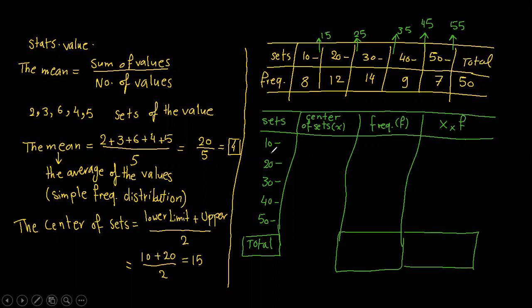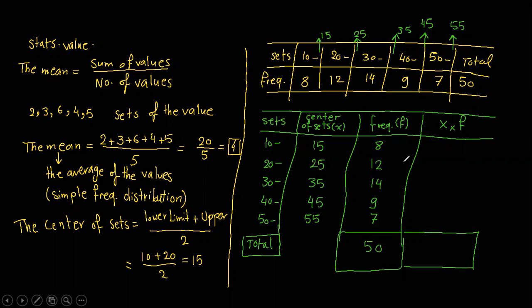Then the center of sets, as we made before, 10 plus 20 gives 15, 20 plus 30 gives 25, then 35, then 45, 55. Then the frequency is taken from the table: 8, 12, 14, 9, 7. Then the total we have will be 50.